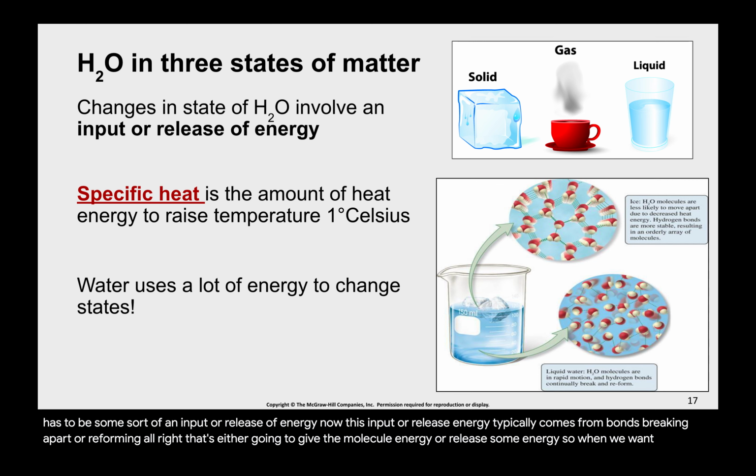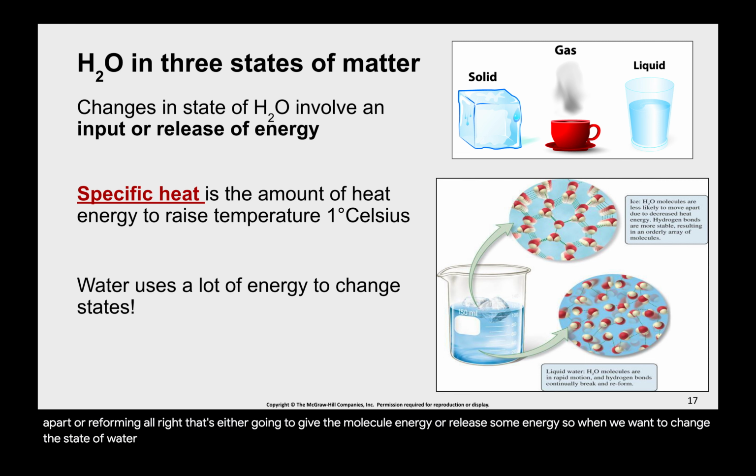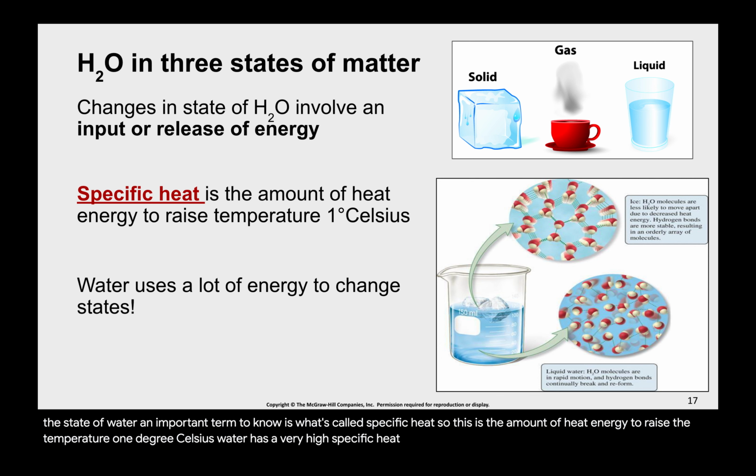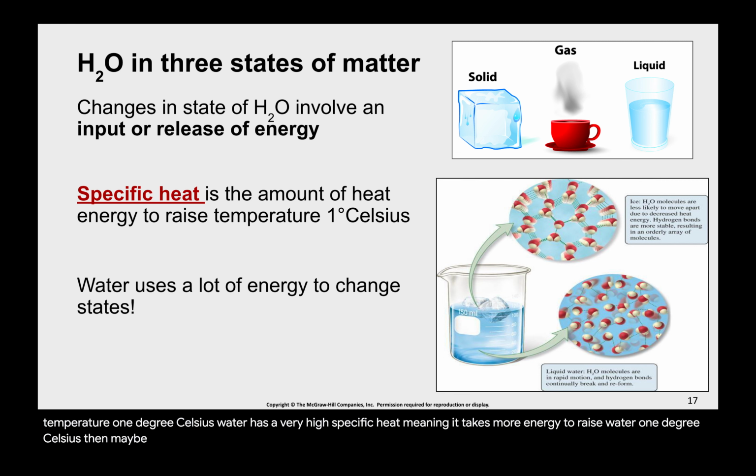So when we want to change the state of water, an important term to know is what's called specific heat. So this is the amount of heat energy to raise the temperature 1 degree Celsius. Water has a very high specific heat, meaning it takes more energy to raise water 1 degree Celsius than maybe a different type of liquid.